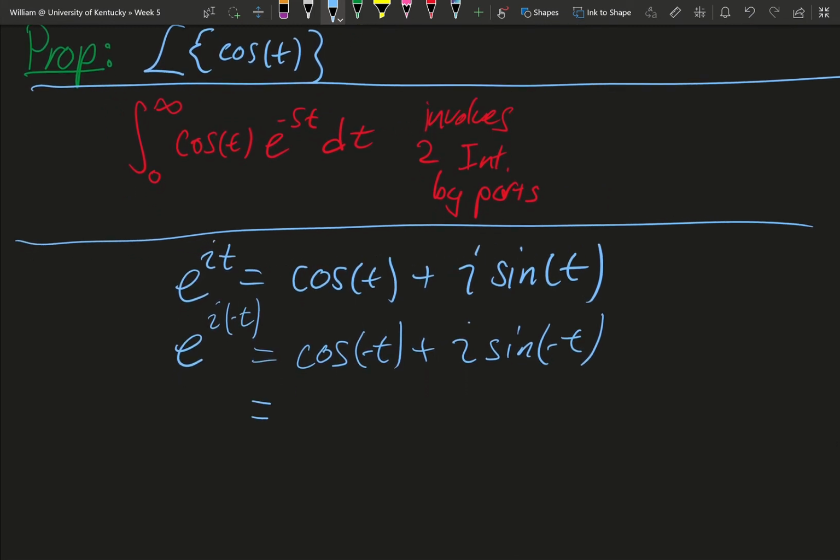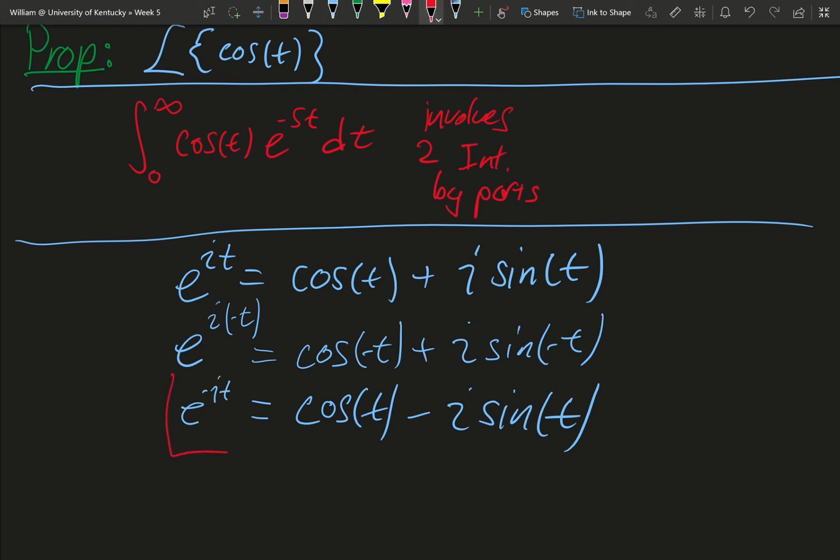But remember that cosine of an angle is the same as the cosine of the negative, and sine of a negative is the negative of the sine. So I have this formula and this formula.